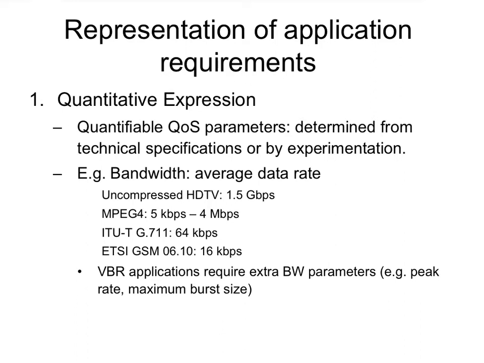For example, for bandwidth, we may restrict the minimum bandwidth, or we may restrict the average bandwidth. For delay, we either restrict the maximum delay, or again we restrict the average delay.